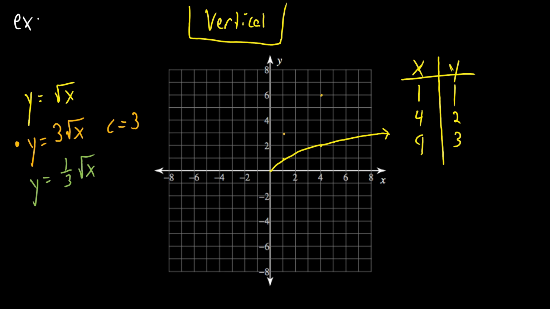And so on and so forth. So let's just graph this. So this has just been stretched vertically. And if you can guess, this y equals 1/3 times square root of x is going to be compressed. So everything will be multiplied by 1/3. And our c, you can write it as 1/3 here.